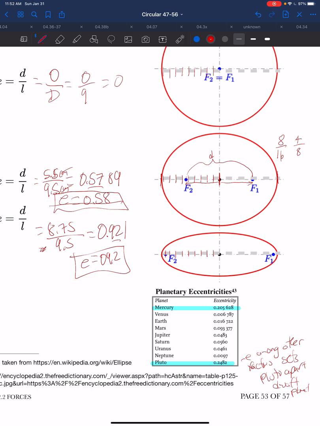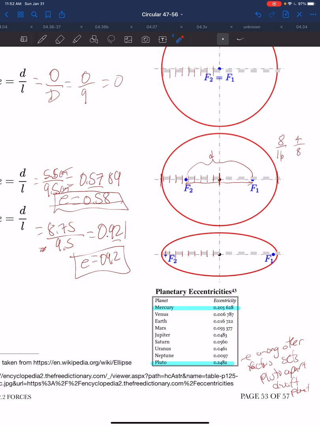So when we look at the rest of them, where does the Earth fall? We find that Venus is way smaller than Earth, but Mars is about 7 times more eccentric. Jupiter about 3 times, about 4 times for Saturn, about 3 times for Uranus. Way less eccentric is Neptune, way out there.